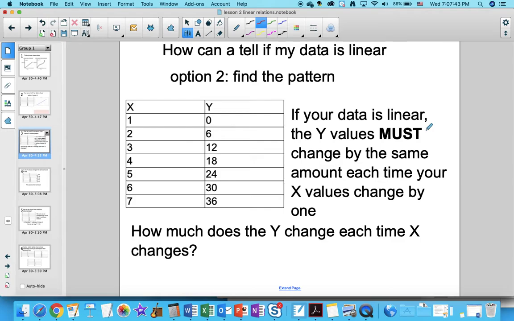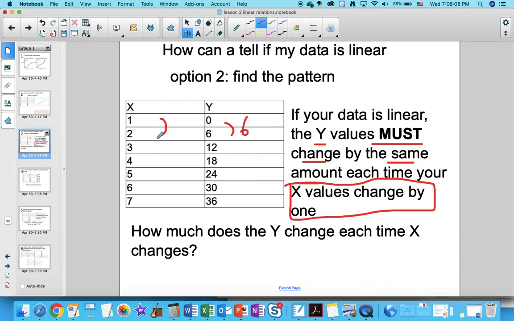If your data is to be linear, your y values must change by the same amount each time your x values change by 1. So every time your x goes up by 1, your y values must change by the same amount. So x changes by 1, and this changed by 6.